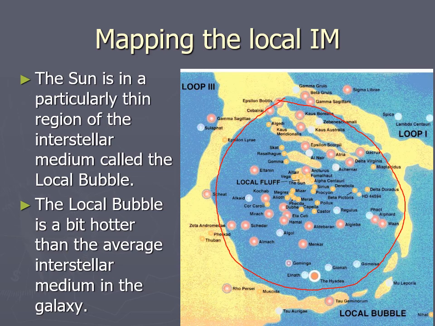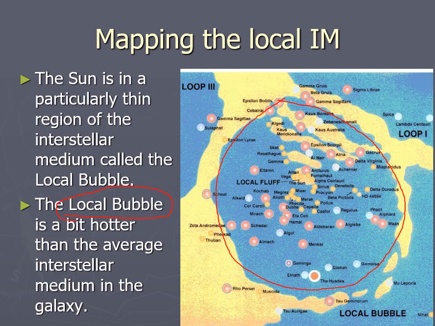Well, it turns out the galaxy actually has several of these large thin regions. The thin regions tend to be a little bit hotter gas that's moving around a little bit faster, and we call them bubbles. So the bubble that surrounds us we call the local bubble. Again, the astronomical way of naming stuff: keep it simple.